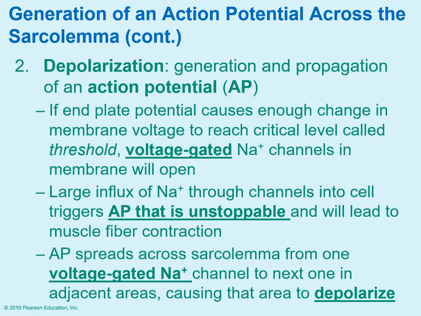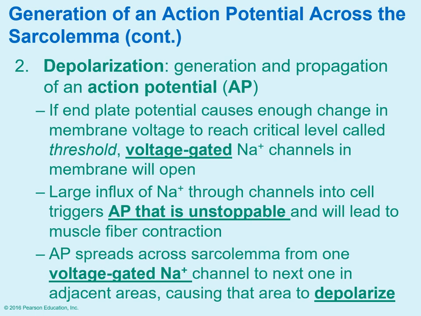But if you have enough influx of sodium coming in that you reach threshold and it triggers the opening of those voltage gates, they open, allowing even more sodium to come in. Now you've got a ton of sodium flowing in.